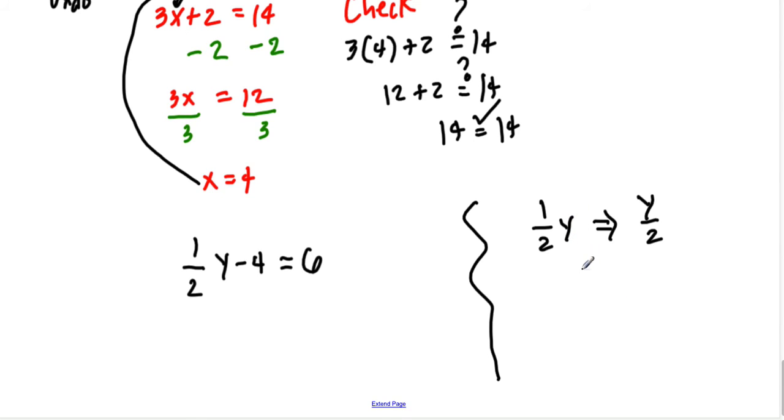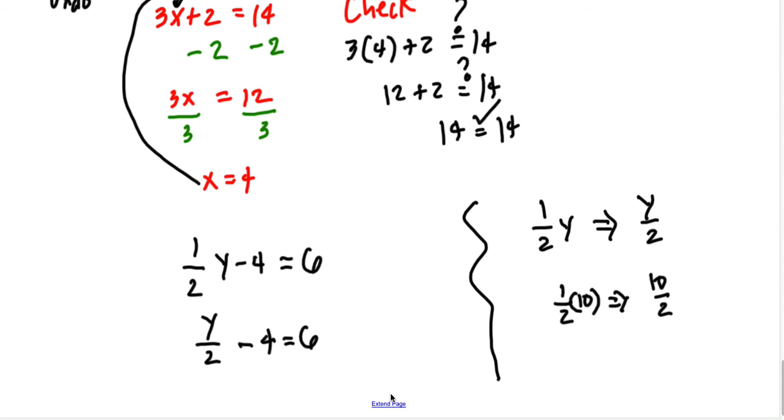What's 1/2 of 10? 1/2 of 10 is the same as 10 divided by 2. 1/2 of 10 is 5. Okay? 10 divided by 2 is 5. So 1/2 y is the same as y over 2. So if we rewrite this, it is y over 2 minus 4 is equal to 6.